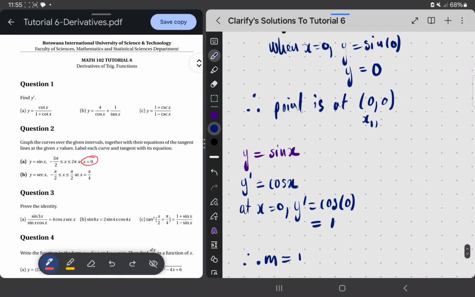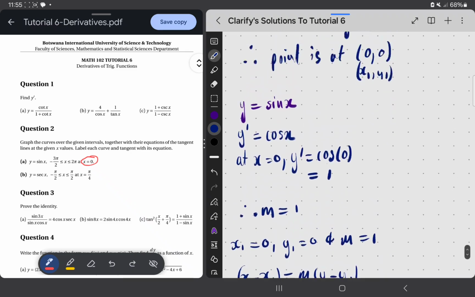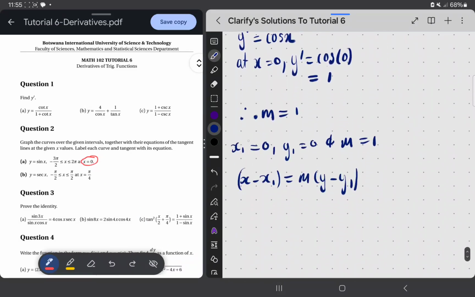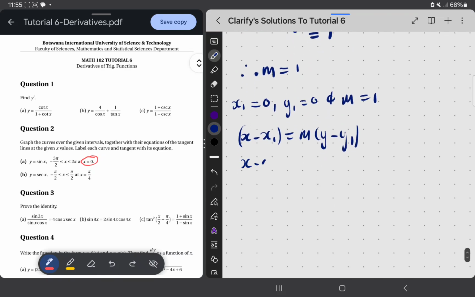This would be your x1, y1, the point where you are. We saw that x1 is 0 and y1 is 0, that's why we have put it here. And m, we just found it. Sorry, I reversed it. It's y minus y1 is equal to m multiplying x minus x1. So that's what you'll be saying.